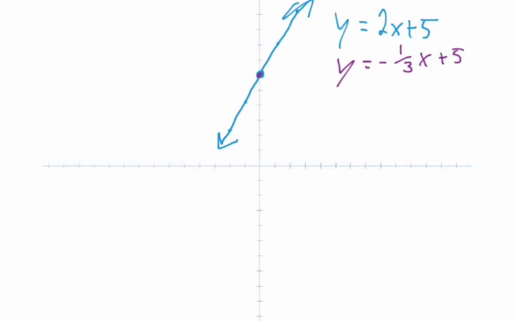Slope being negative, that means I'm going down and then to the right. And again, I can use slope to map it out. So there we go. I have 2 lines on the same plane.